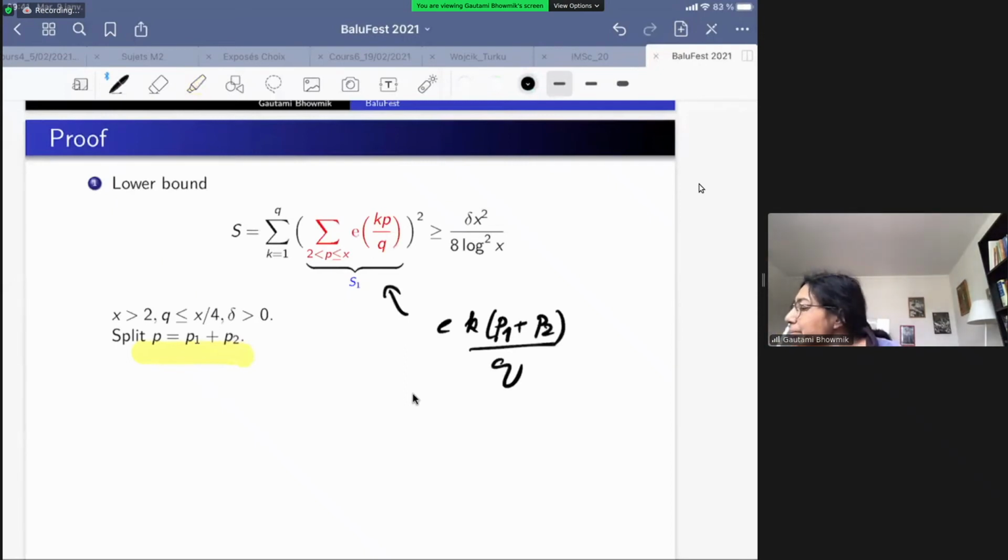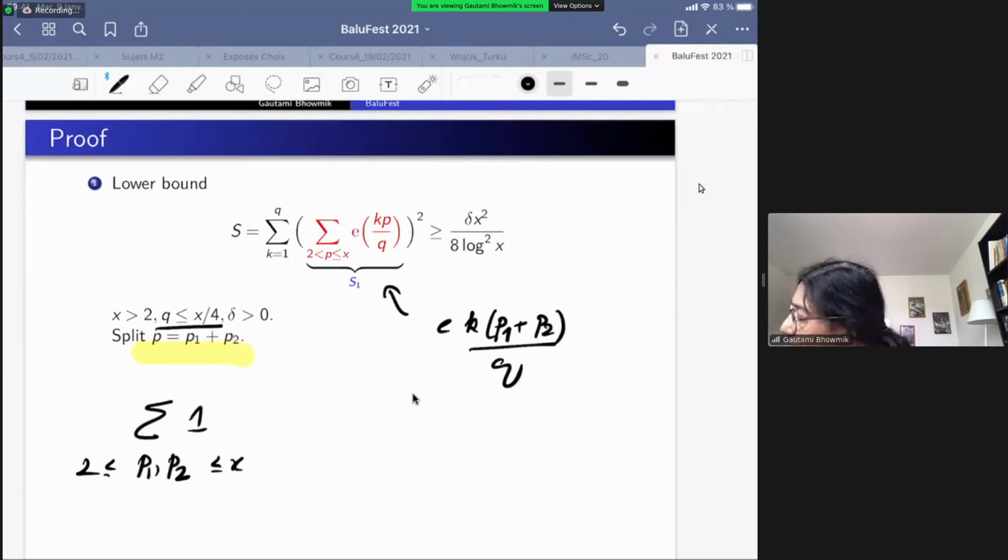And q, as you remember, is less than or equal to x by 4. So with the conditions that I have, I can get the sum of 1 for P1 and P2 between 2 and x. This will be greater than or equal to delta x by log square x.